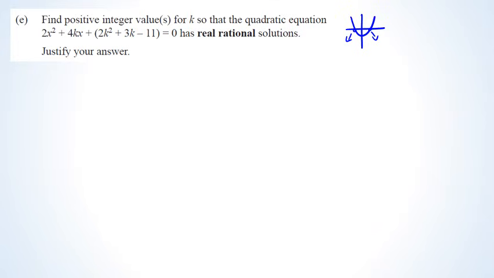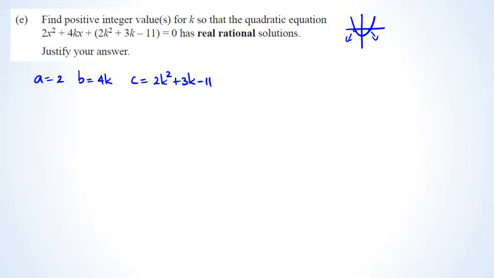So the first thing we're going to have to do is the discriminant, because a is equal to 2, b equals 4k, and c equals 2k squared plus 3k minus 11. The reason we're doing the discriminant is that we want it to be a perfect square.